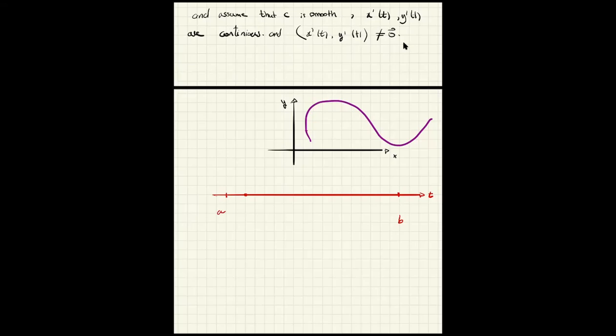You should guess right now what we'll do. We'll divide this timeline into small intervals. And this is the time t_{i-1}, and this is the time t_i, and here we'll choose a random point t_i star.